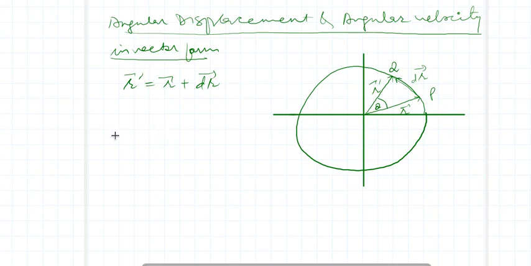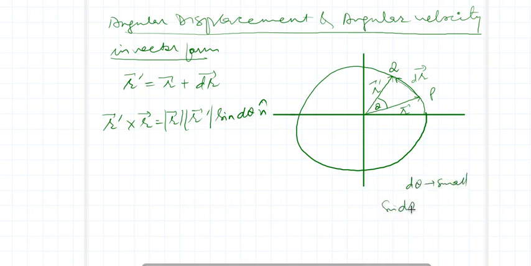So if I take a cross product, I can write r prime cross r, and it is simply mod of r vector, mod of r prime vector, and sine of d theta, and say n cap is the unit vector, right? But this d theta is a very small quantity. So that means sine d theta is nearly equal to d theta.